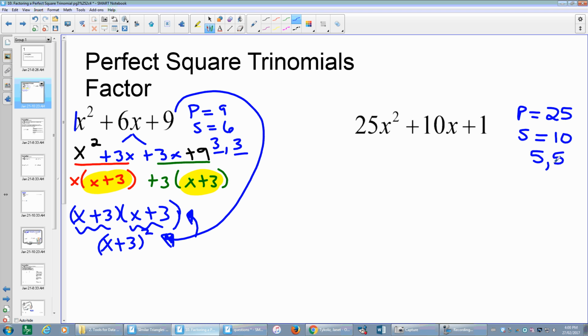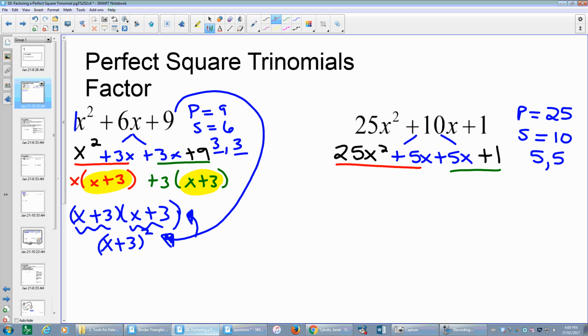So what do I do here? I keep my first term the same, 25x squared, decompose my middle term, plus 5x, plus 5x, and then I have the 1. I'll group my terms together.